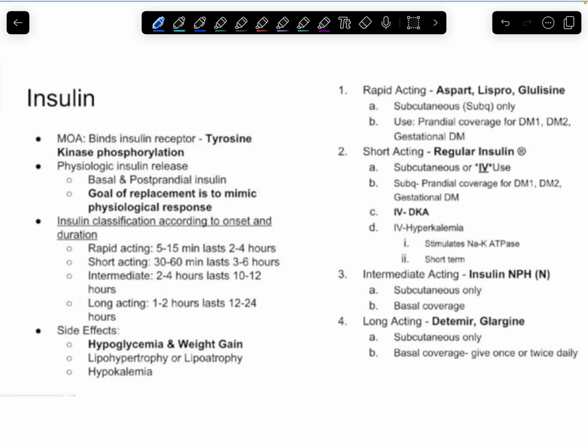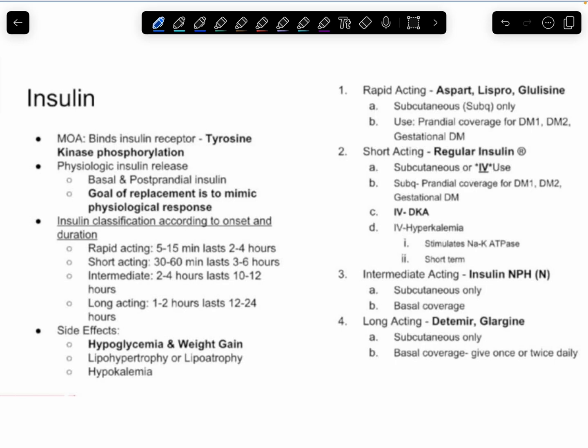Intracellular, as I told, there are certain body organs or systems that need glucose for energy. It is a fuel. But three important organs, again I am repeating: muscles, second one liver, and third one is adipose tissues.